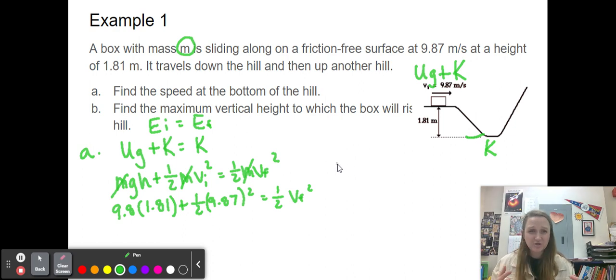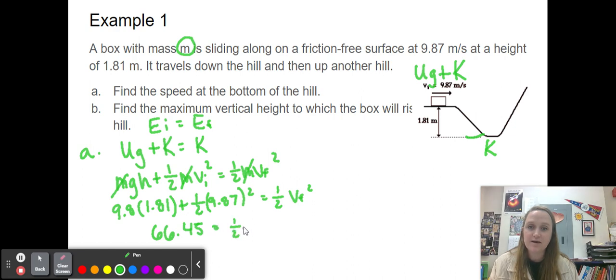Now, right away, I'm just going to use my gut reaction and what I know in life. I know that if something goes down a hill, it's probably going to speed up. So I'm anticipating that final velocity is going to be greater than the initial velocity was. And I really want you guys to do that while you're thinking through problems, thinking through what's going to happen. Am I expecting this number to get bigger or smaller? So on the left side of my equation, I plug it into my calculator and I get 66.45.